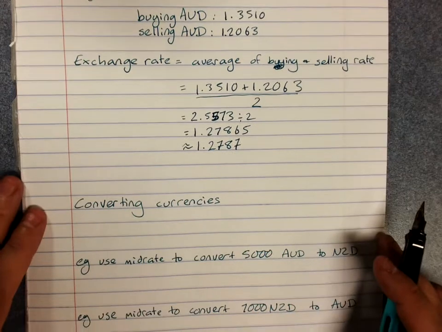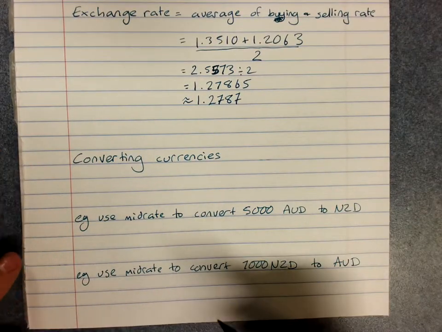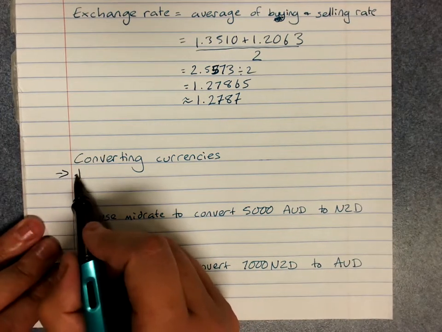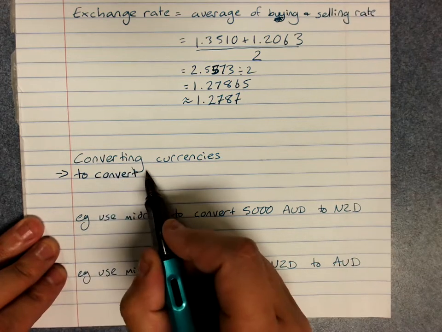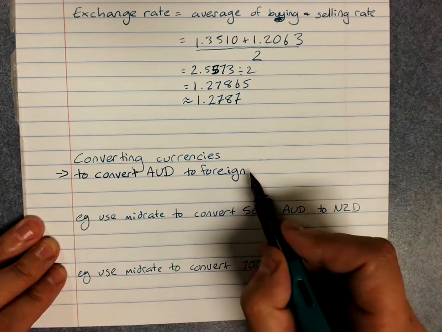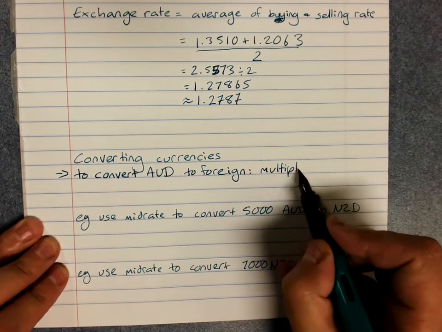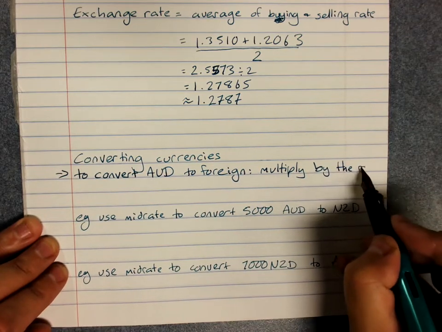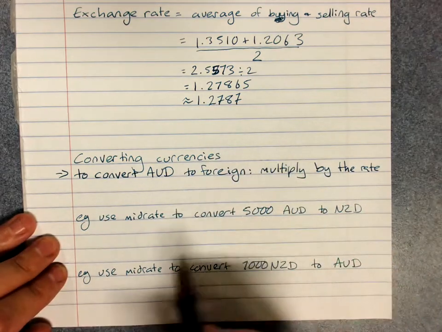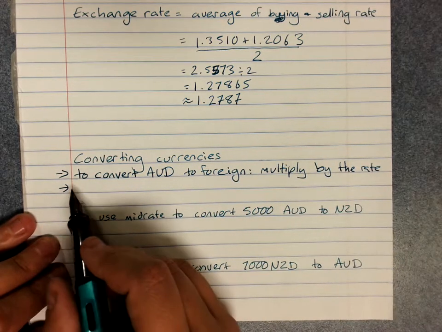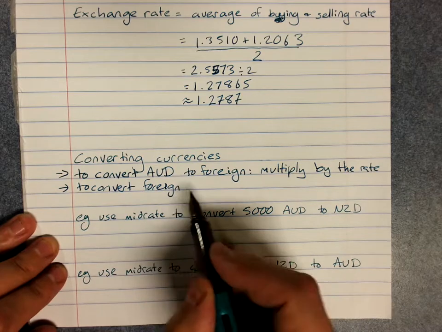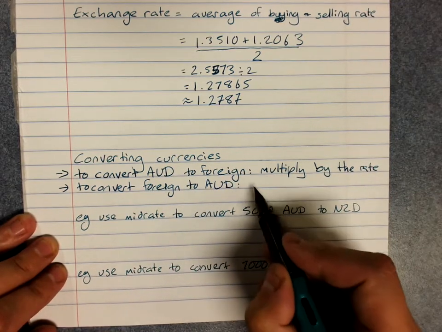So mostly what we'll need to be able to do is convert. Now when you're converting currencies, the easiest rule is this one. When we're going from Australian dollars to a foreign currency, you multiply by the rate of Australian conversion, or to convert foreign to AUD, we divide.